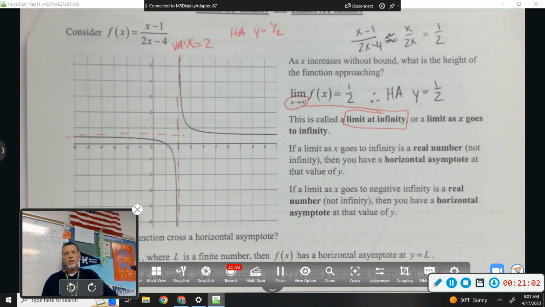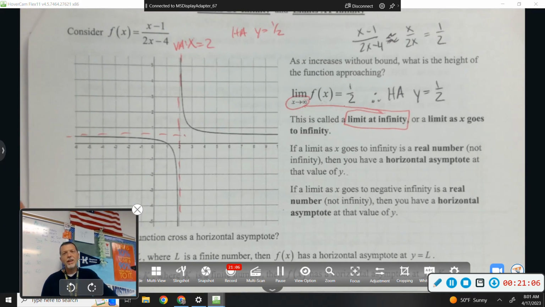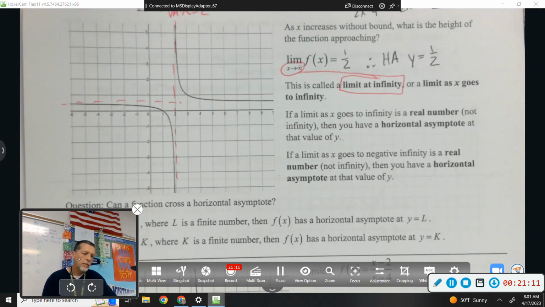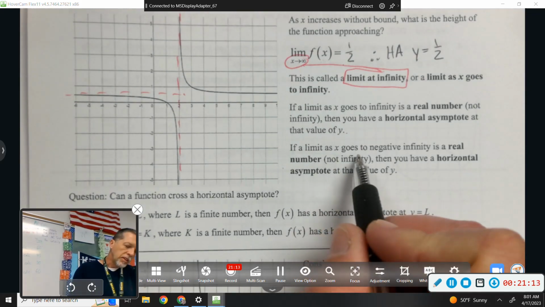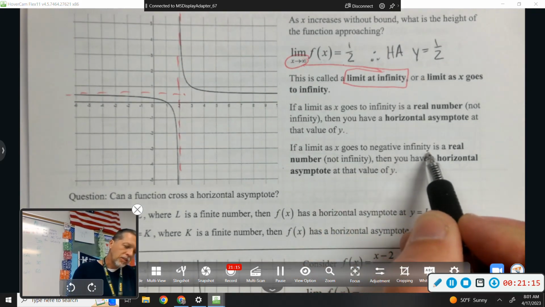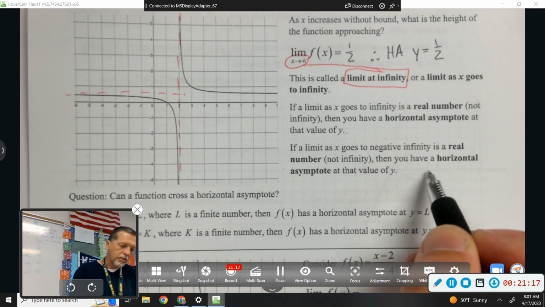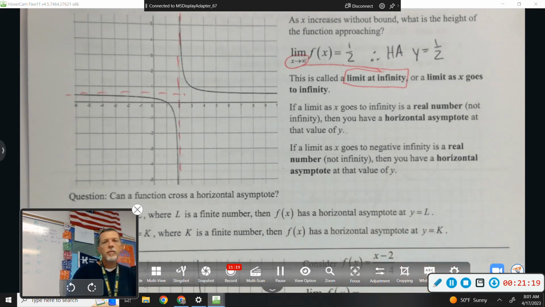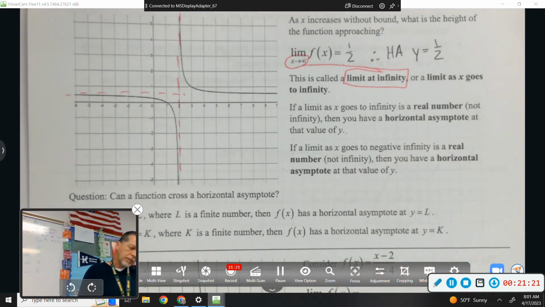We are supposed to know the horizontal asymptote from pre-cal already, but now we have a calculus approach to a horizontal asymptote. If the limit as x goes to negative infinity is a real number, then you have a horizontal asymptote at that value of y. So that would be on the other end.